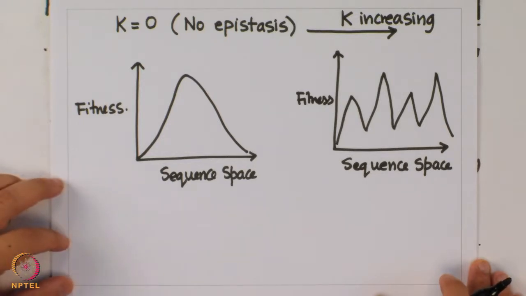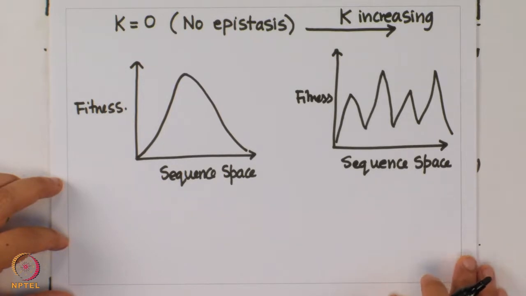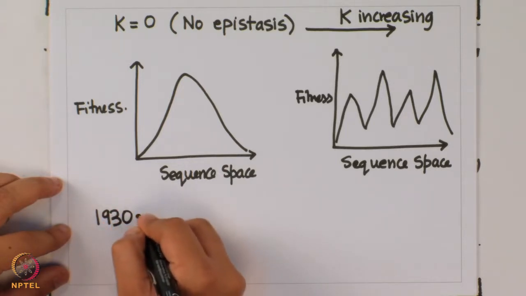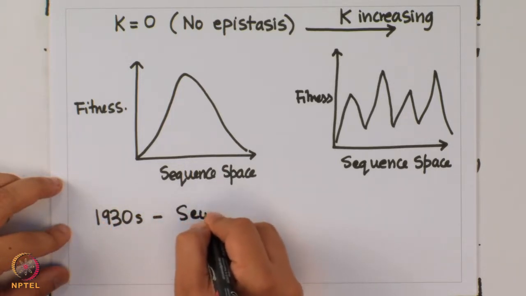Okay, so just concluding this idea of fitness landscapes and epistasis, this idea was first proposed in the 1930s by someone called Sewall Wright.